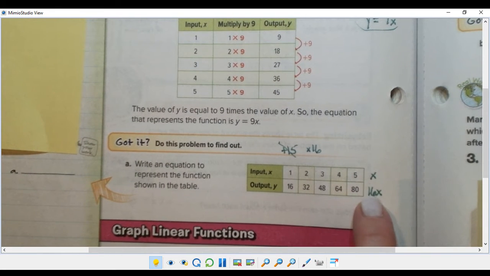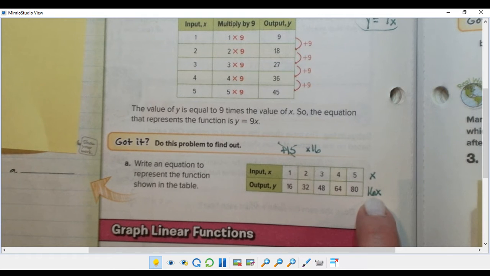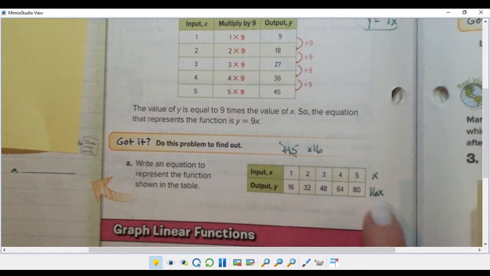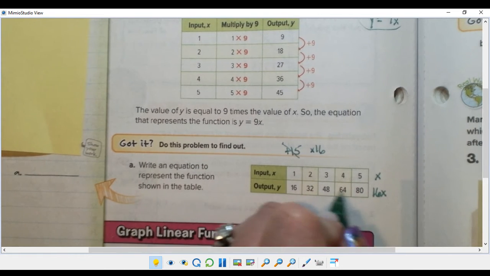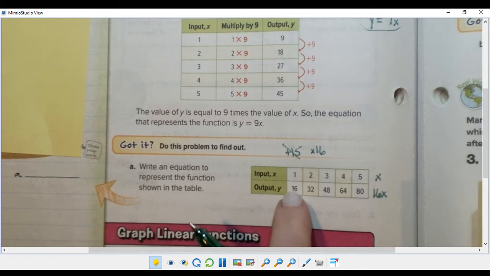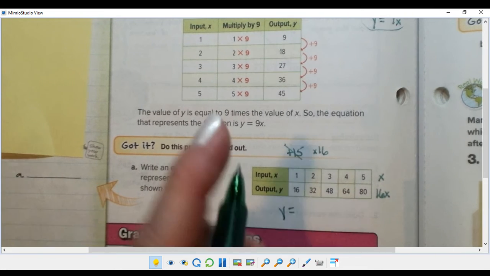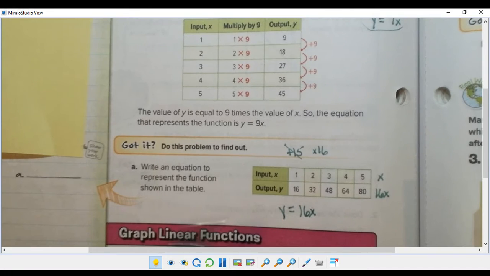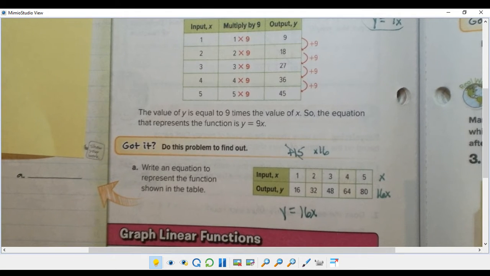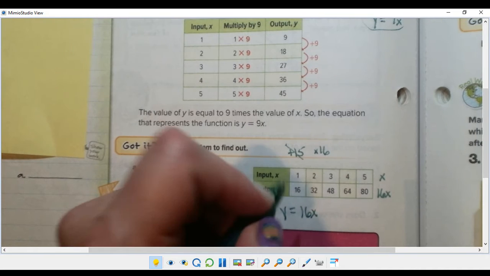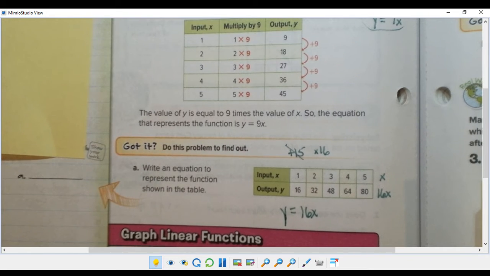So if this is x, this is 16 times x. But remember that I need to start off with y equals. So the bottom row, y equals, all of these are y's, y equals 16x. Now, there's a lot more to it than that, but if you can just make that mental shift and get x and y in each one of your equations today, that's really all you need at the moment, okay?